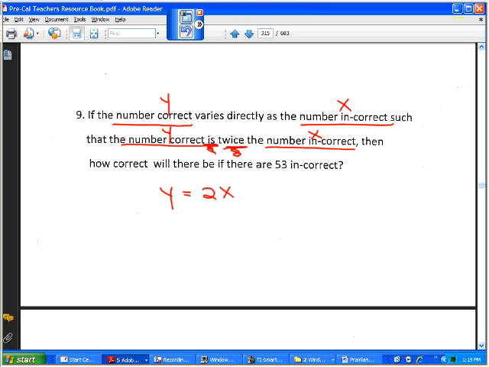Y equals 2x. The 2 then is the constant of variation. We want to know how many correct there will be. That's y. If the number of incorrect is x, they gave us x, and we solve for y.